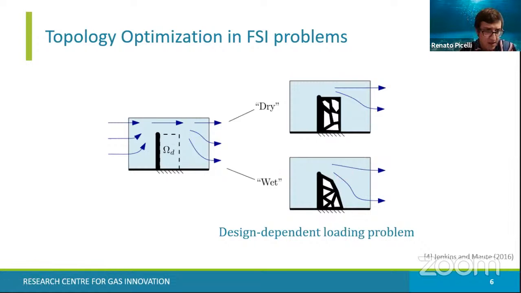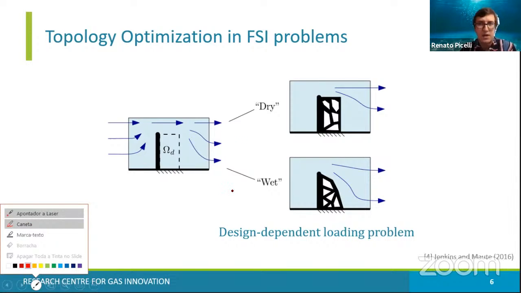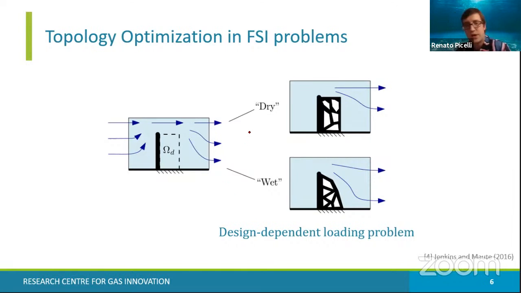As you can see here, the fluid-structure interaction problem can be divided into two approaches. The first one is dry optimization. If you have a fluid flowing around the structure in a design domain, and you keep the fluid-structure interfaces fixed, saying they cannot be removed or changed, you only optimize the dry parts of the structure, so the internal holes.